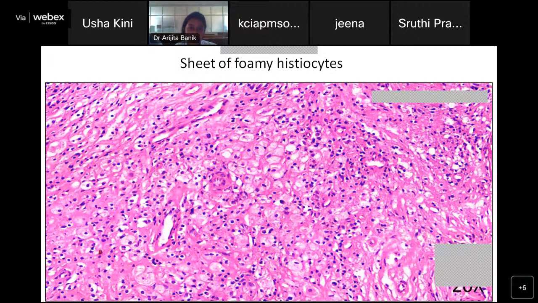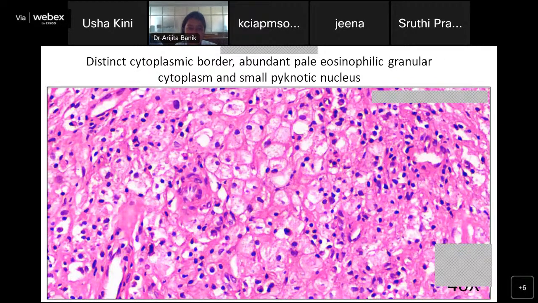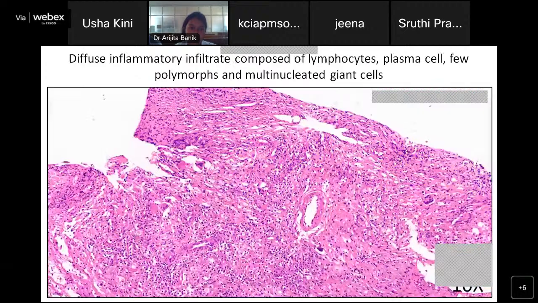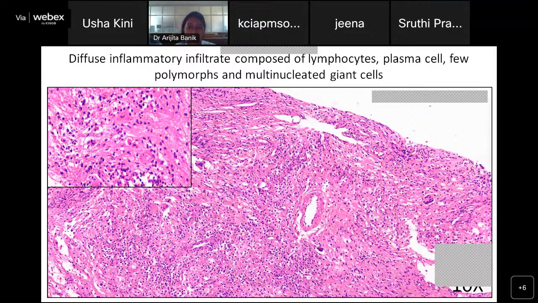Lesion is composed of sheets of foamy histiocytes. On higher magnification, these foamy histiocytes have distinct cytoplasmic border, abundant pale eosinophilic granular cytoplasm, and small pyknotic nucleus. Also seen is diffuse inflammatory infiltrate composed of lymphocytes, plasma cells, few polymorphs, and multinucleated giant cells.